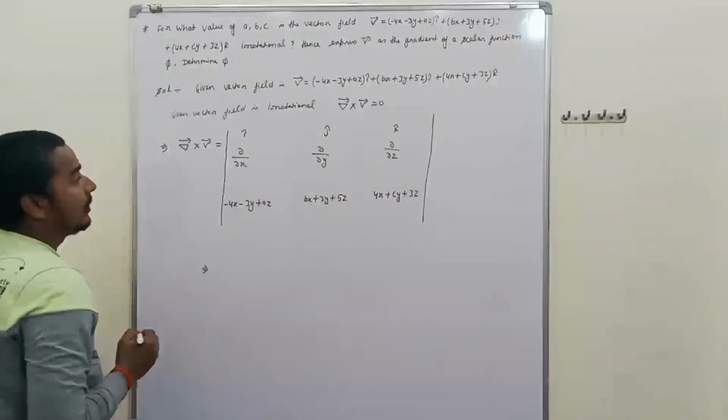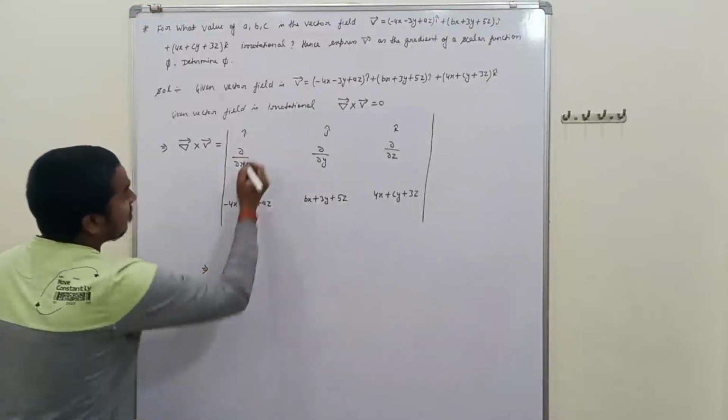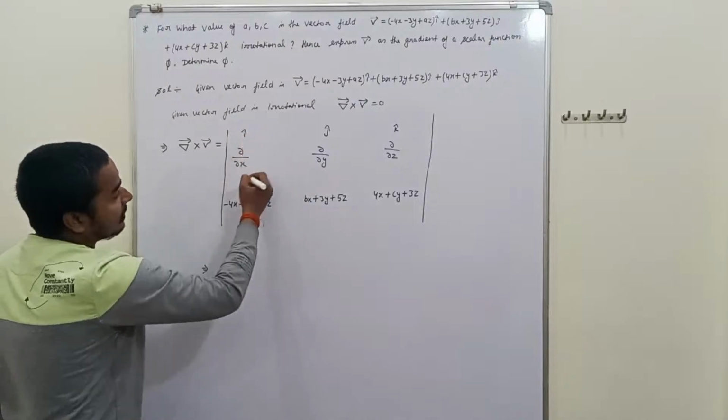First, we expand with respect to i cap, that is, taking i cap, this row and this column are neglected.